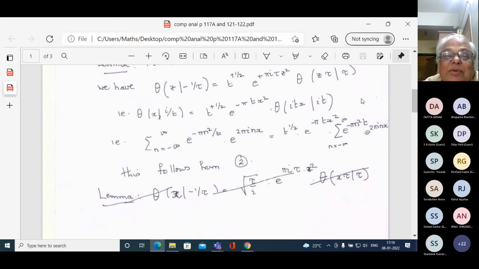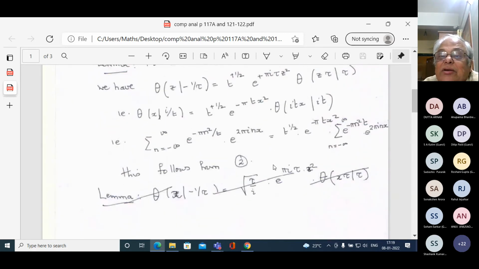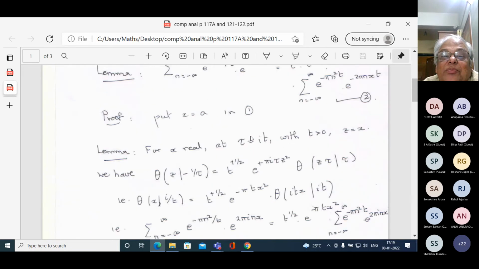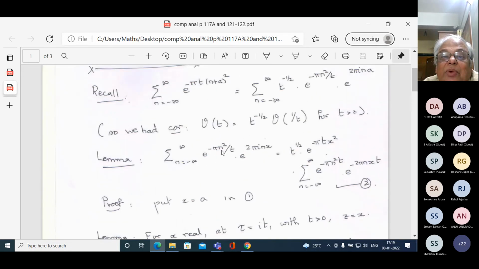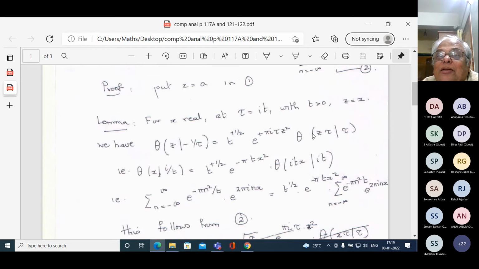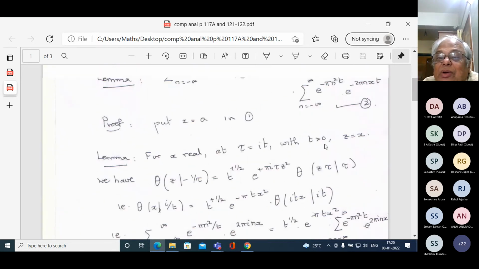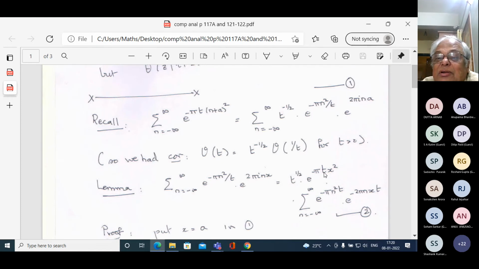This lemma says that this sum is this sum. And I hope you will be able to convince yourself that this last statement, the sum of e raised to minus pi n squared by t times e raised to 2 pi i n x, on the right hand side has some factor, t to the 1/2, which is this factor that I have here.